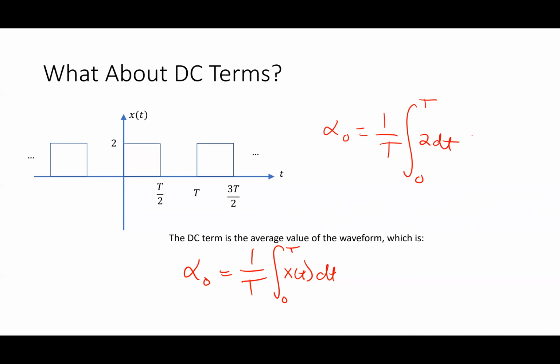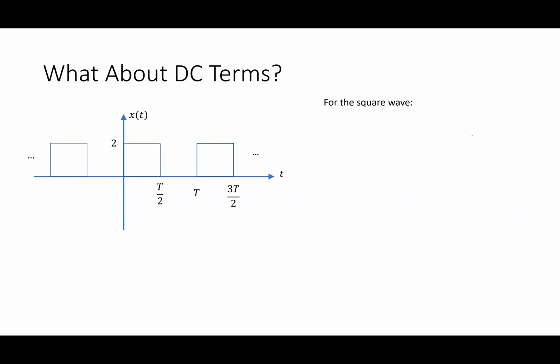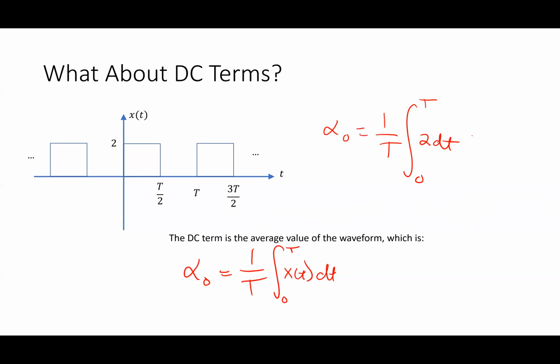I could go through this and do some math. What's the integral of 2? Well, in this case, 2t, right? But it's actually even easier than that. This is an area, the area under this box.